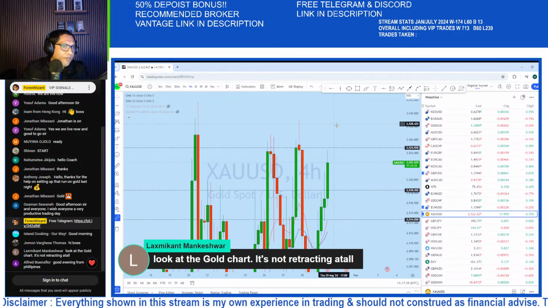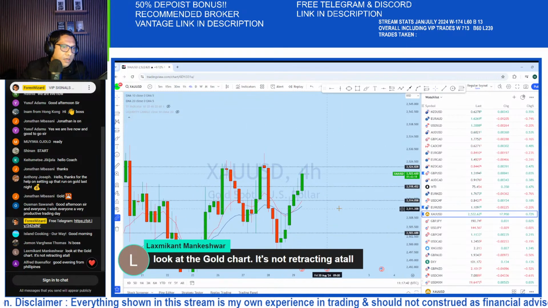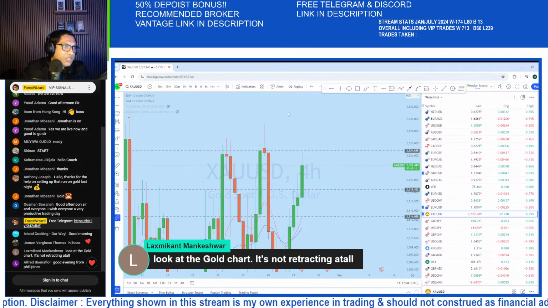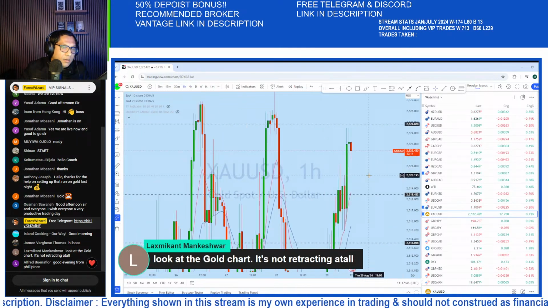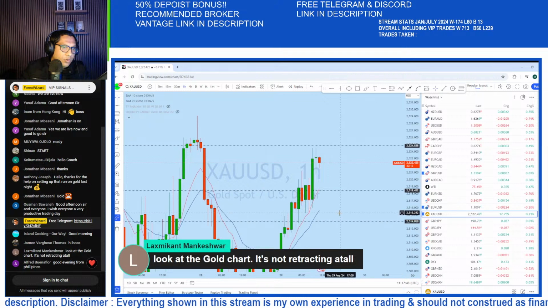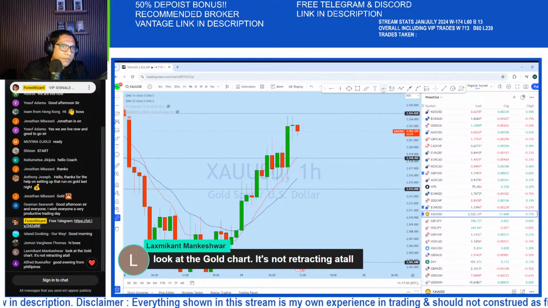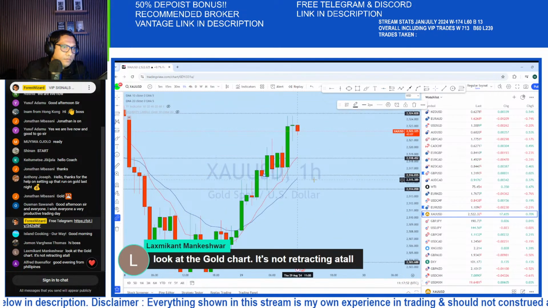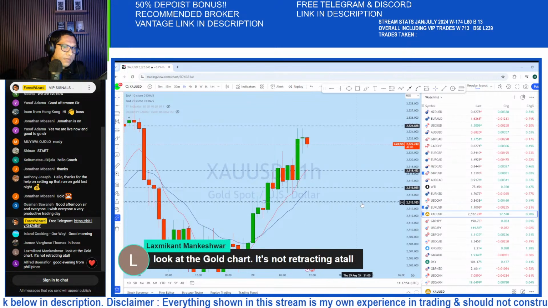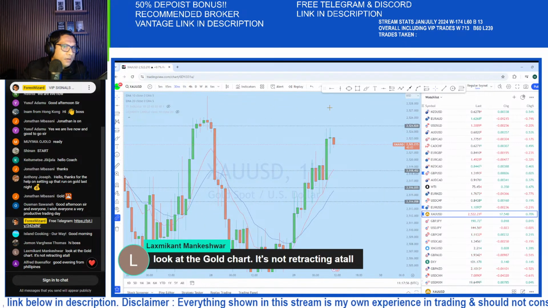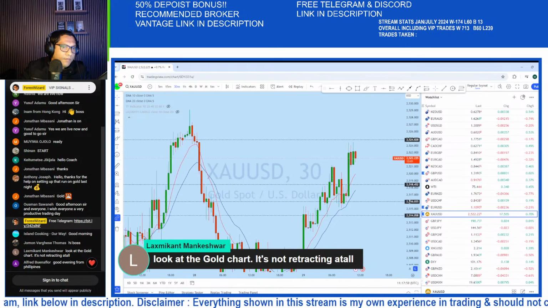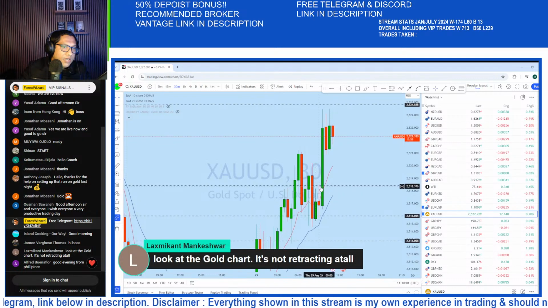If you look at the 4 hour, you can see very strong bullish price action from the 1 hour as well. We'll be waiting for the price to drop back to the support. This is an important level of support here. So this is a neckline here.